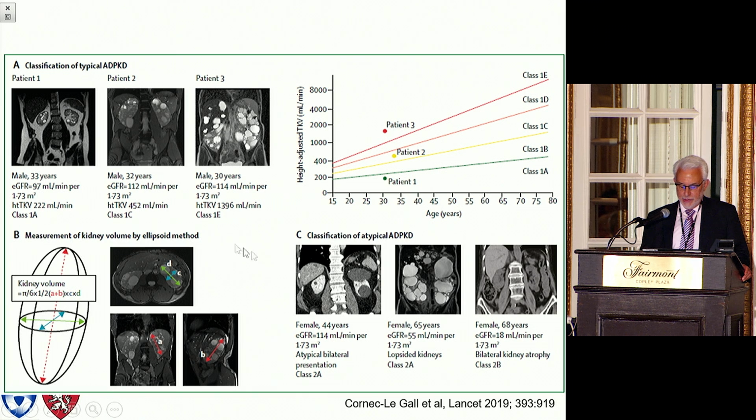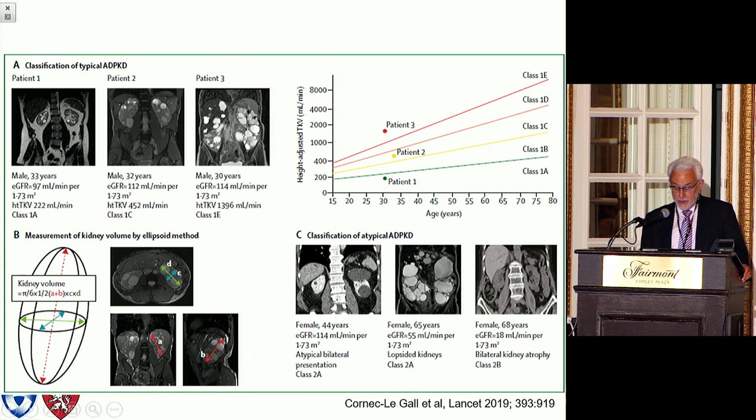So these are some examples. I'll show you down in the lower right hand. This is an example of an atypical presentation: a 44-year-old female, well-preserved GFR, entirely normal right kidney except for one cyst, and then the left kidney shows several large cysts. This woman is at low risk of progression.